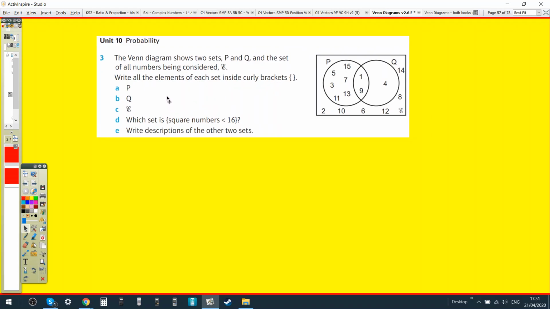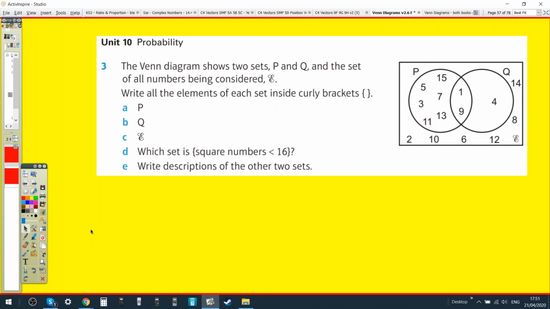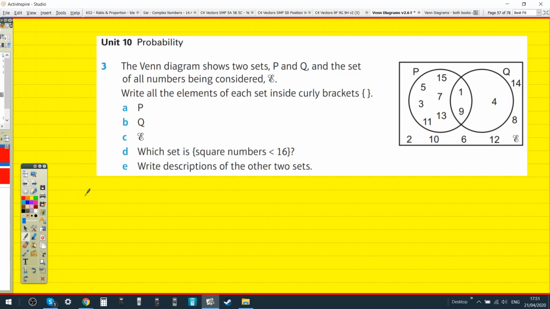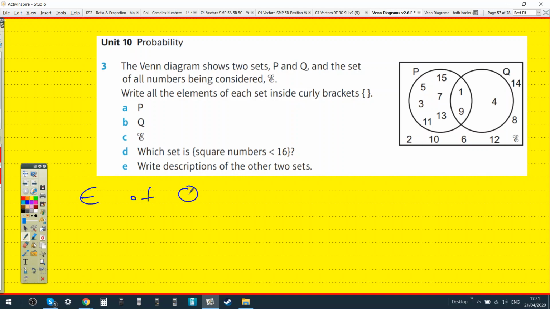Just want to take a look at this one. So this one, write all the elements of Q. And what does this mean?